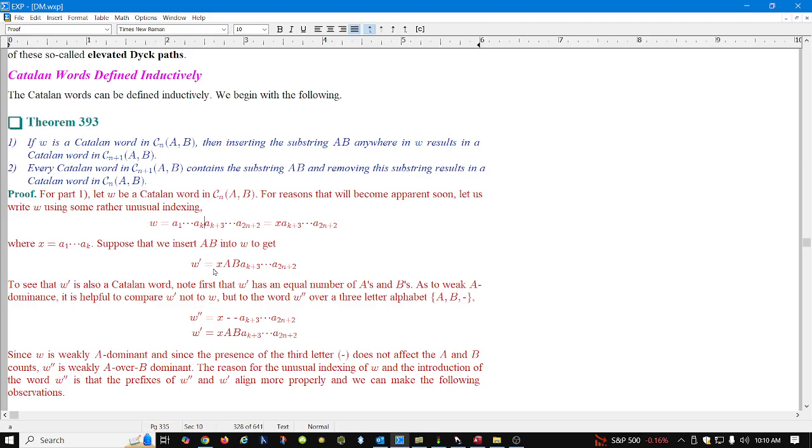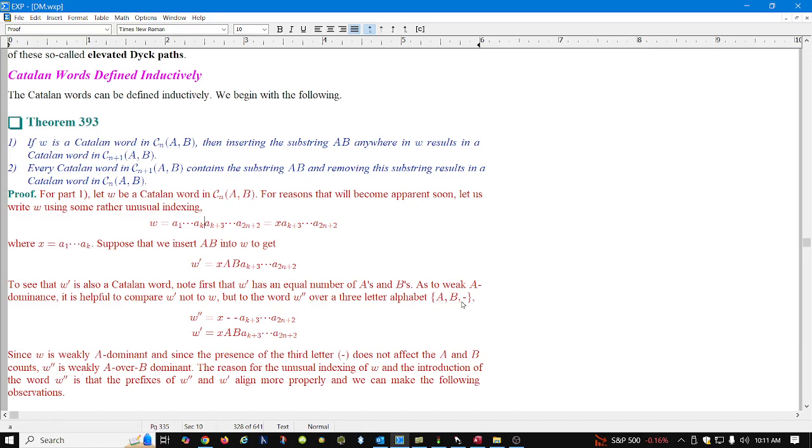Certainly it has the same number of A's as B's because we've inserted one A and one B into the Catalan word W. As far as weak A dominance, the reason I left this gap in the indices is I want to compare W prime not to W because the lengths are different, and that makes it a little more complicated to look at the prefixes, and it's just kind of a mess. But what if we just add a third letter to the alphabet?